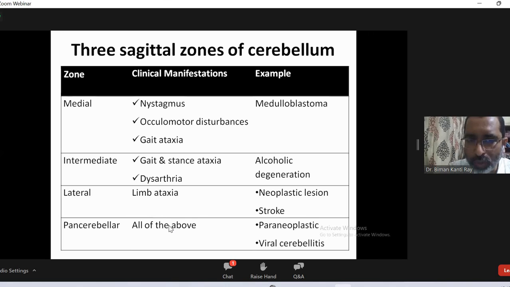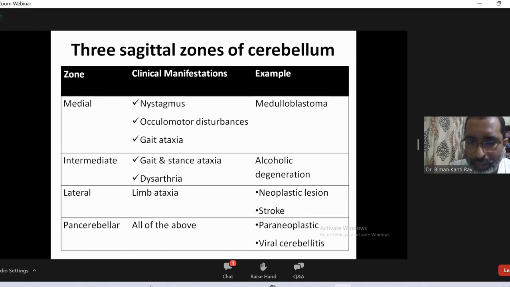If there is involvement in the medial part of the cerebellum, the most important findings are oculomotor disturbance, including nystagmus and gait ataxia. So eye sign symptom and gait ataxia, you get this combination. It is a problem in the medial part of the cerebellum, that is vermis and flocculonodular lobe. Classical example is medulloblastoma.